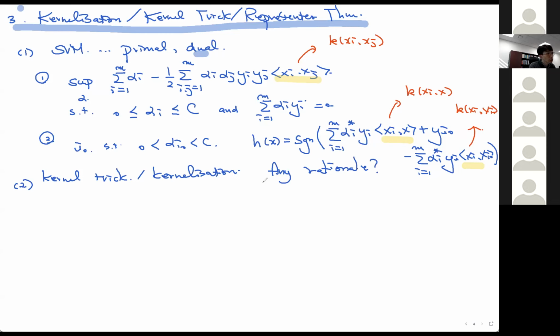What really happens is that if you kernelize, we are really changing the feature space. You can say input space or feature space.